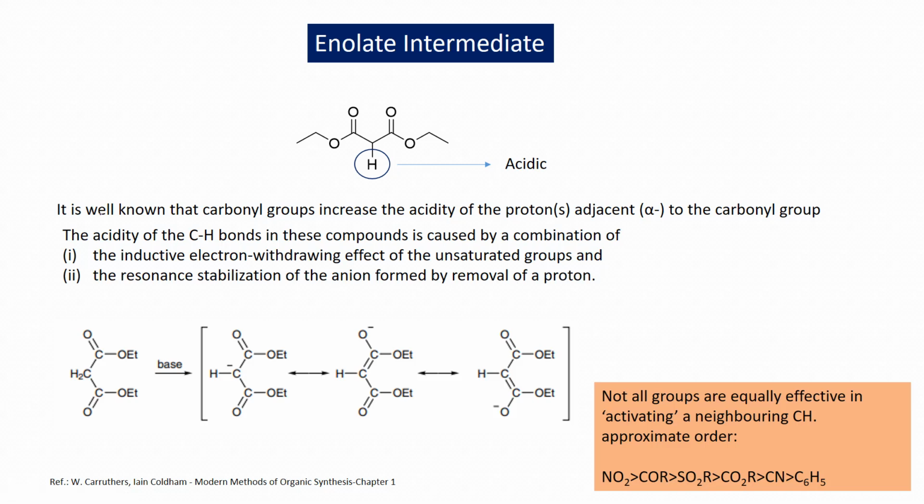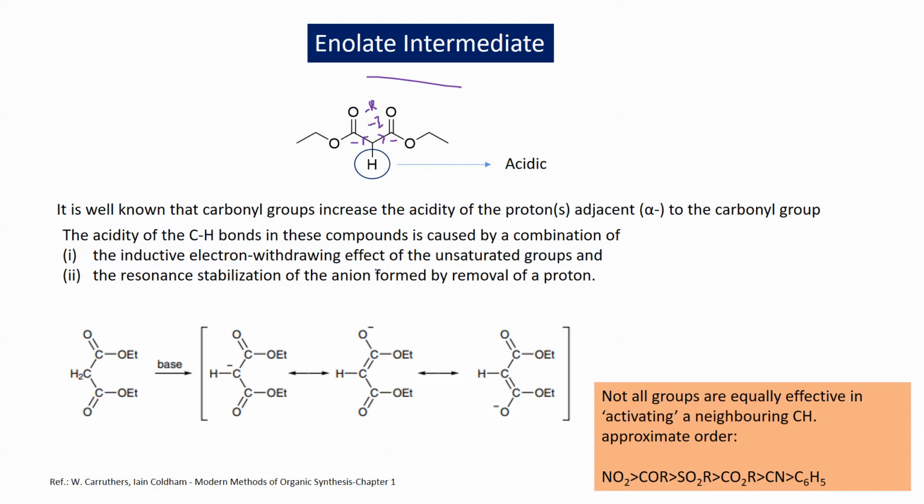Now suppose this enolate intermediate. You know about this enolate intermediate. This is one of the important anionic intermediates. If there is an acidic H adjacent to a carbonyl group, that is highly acidic because of the resonance effect and the -I and -R effect of these two ester moieties.